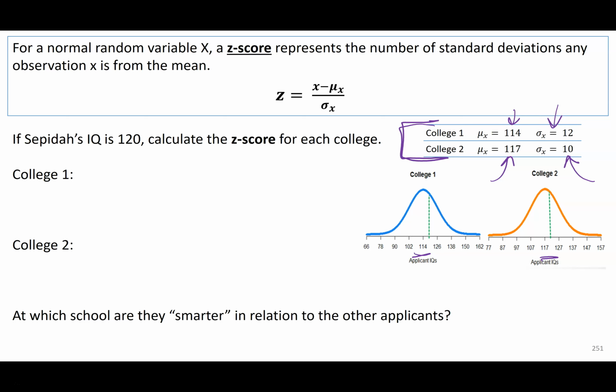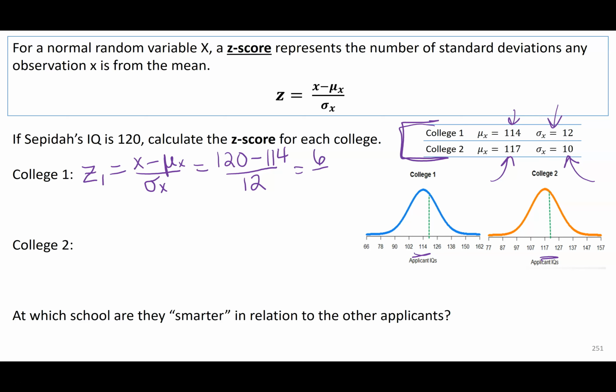So college 1, I'm going to call this z1. This is my z-score for college 1. So x minus mu over sigma. X is just the IQ score. 120 is what they scored, minus the average at college 1, 114, over the standard deviation at college 1.